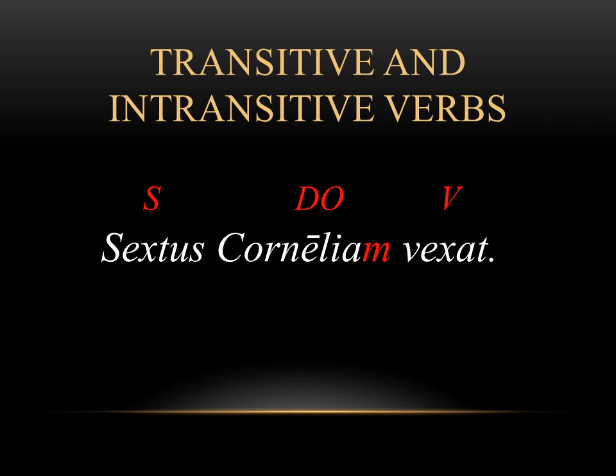Now that we know that Corneliam is the direct object, we know that vexat has to be a transitive verb, and the reason for that is that the direct object is going right along with it. It's saying Sextus annoys who? Corneliam. The direct object Corneliam is going with vexat. So we can switch this to a TV to mark it as a transitive verb.